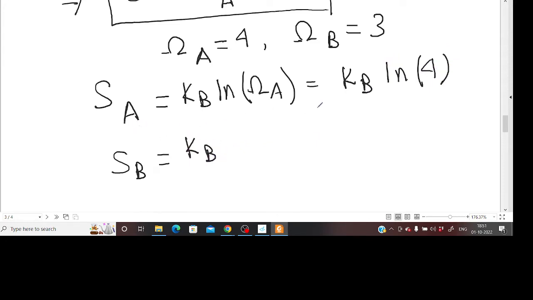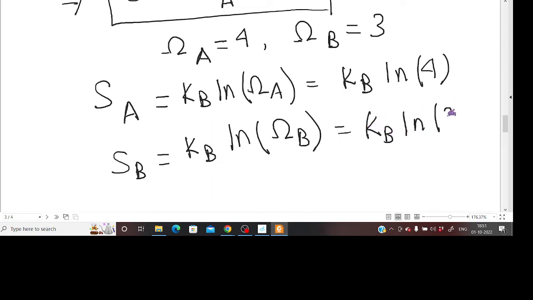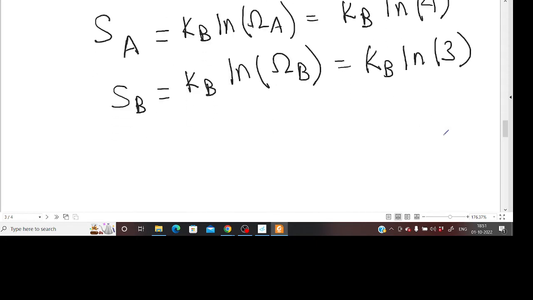SA is equal to kb log 4 and SB is equal to kb log omega B, and omega B is 3, so SB is equal to kb log 3. So SA plus SB is equal to S, the total entropy.